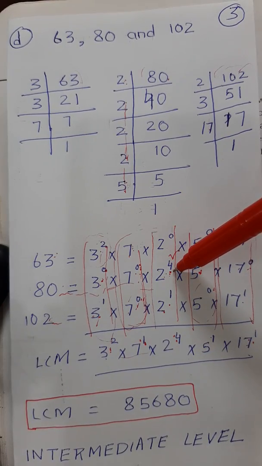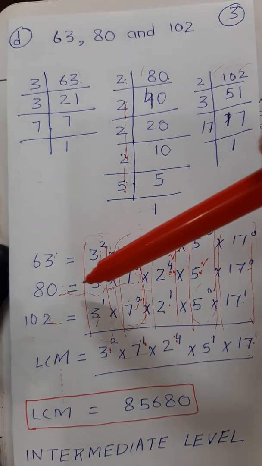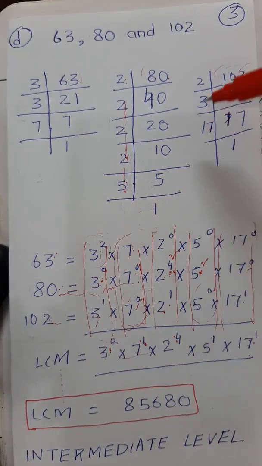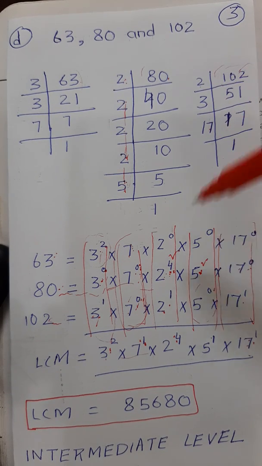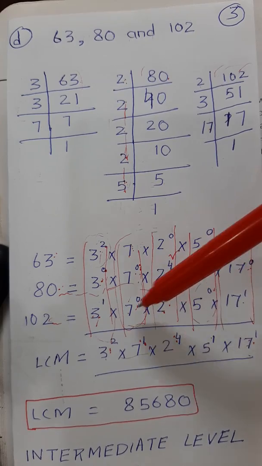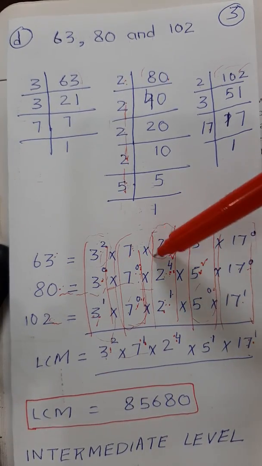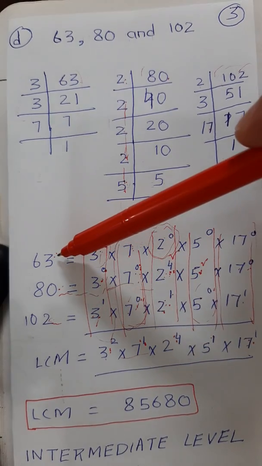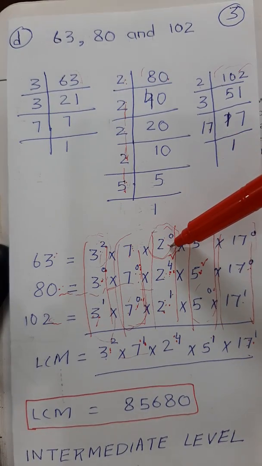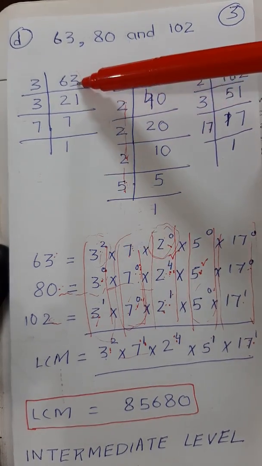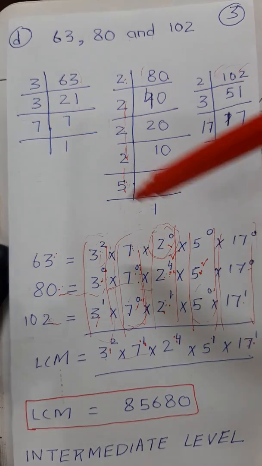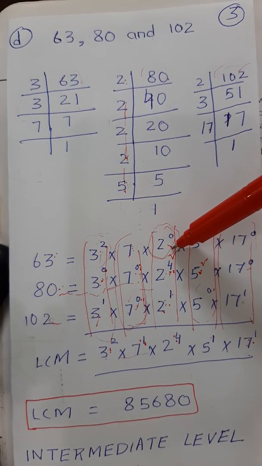So 2 power 4 is written in factors of 80. Similarly, we have got 1, 2 in factors of 102. So 2 power 1 is written in factor of 102. This 2 power 0 is entered in factor of 63. The reason is that 63 doesn't have a factor 2. So instead of leaving it empty, enter 2 power 0 over here.